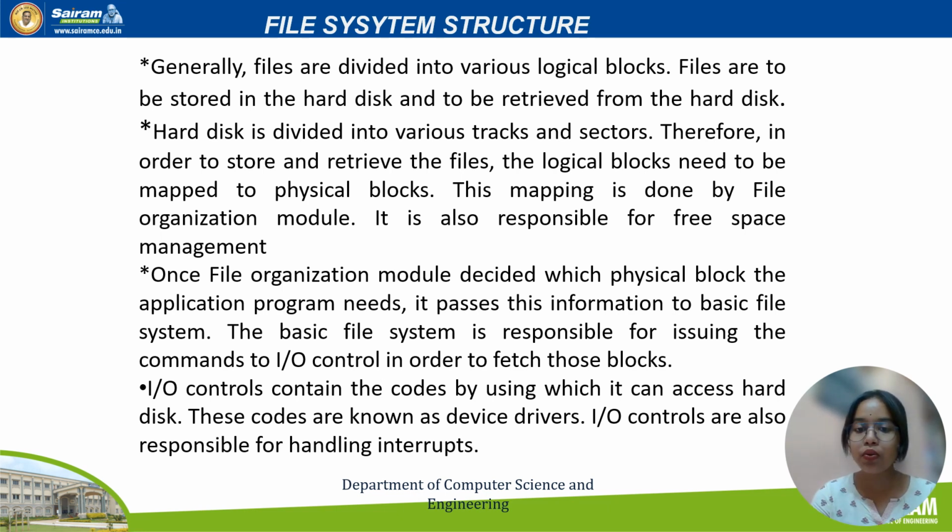When it decides which block the application program needs, it passes the information to the basic file system. So then the next layer comes into action, which is known as the basic file system.